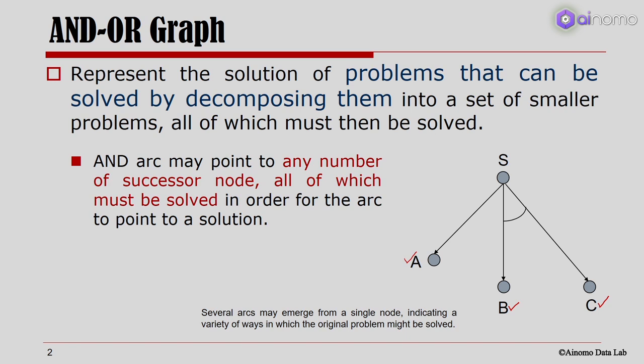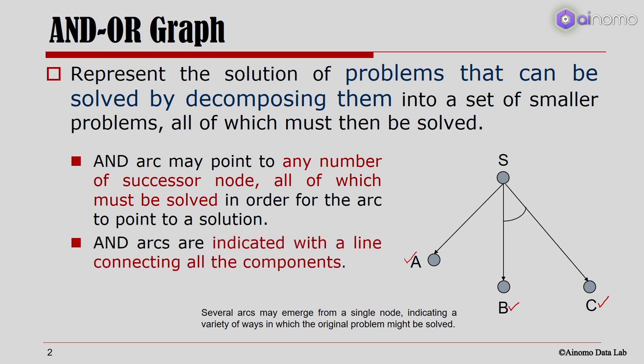Here in the example, B and C both need to be solved to solve S. AND arcs are indicated with a line connecting all the components. So, for B and C, which are AND arcs, we will use this arc here to indicate that it is an AND arc.